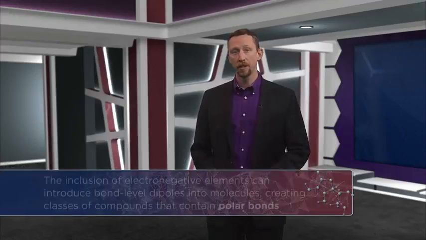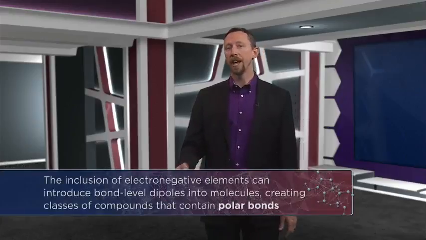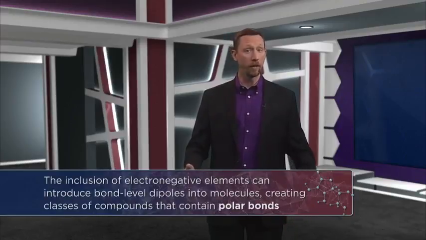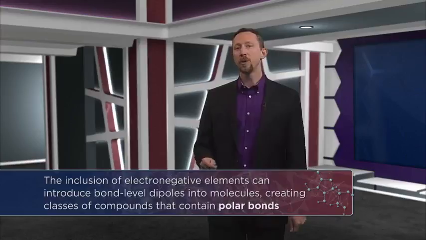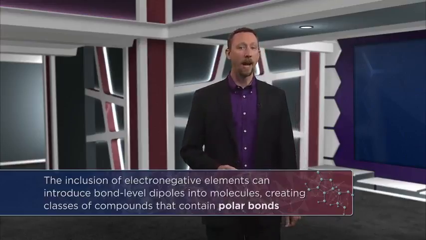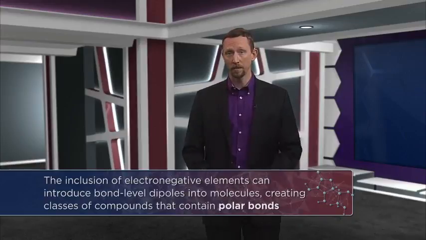When any element other than carbon and hydrogen is present in an organic compound, we call these new additions heteroatoms. The inclusion of heteroatoms has a few very special effects on organic compounds. First, the inclusion of more electronegative elements like nitrogen, oxygen, fluorine, and chlorine, for example, can introduce bond-level dipoles into molecules, creating classes of compounds that contain polar bonds.